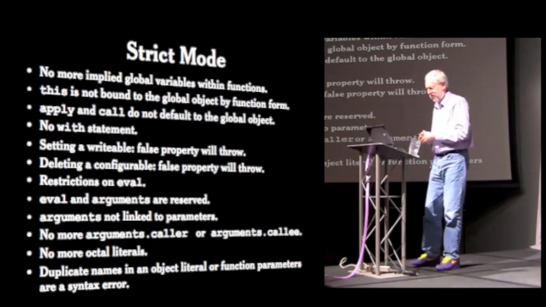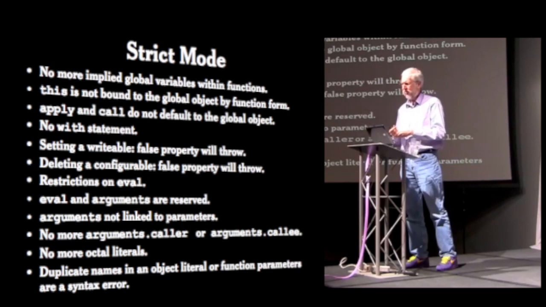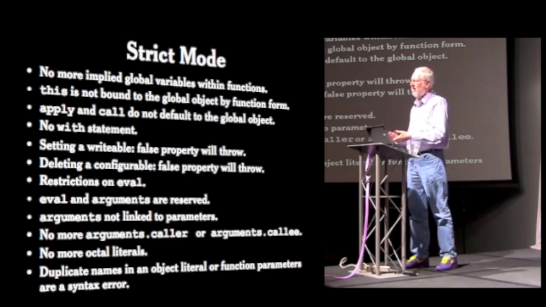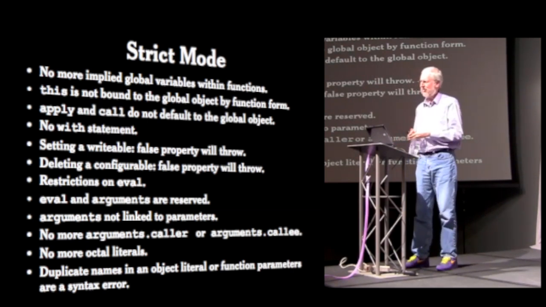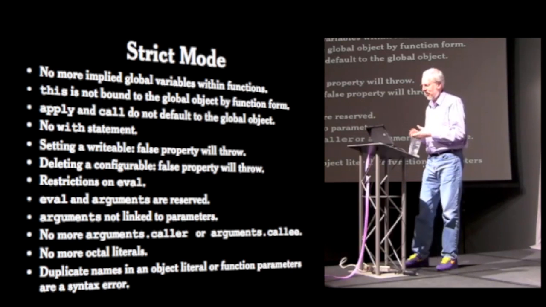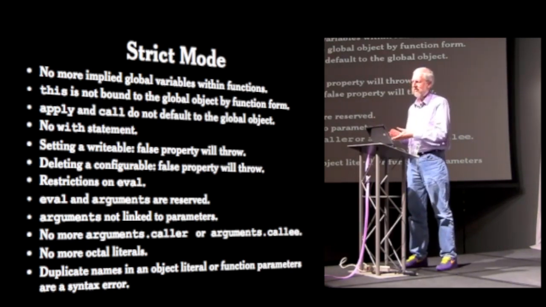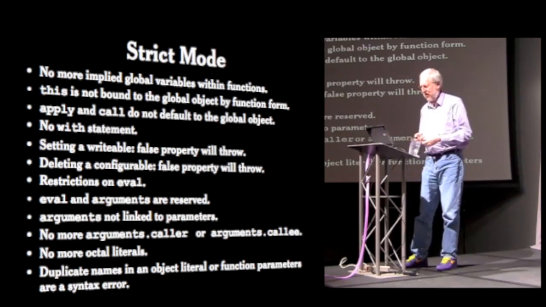So that was weird. No more octoliterals. We haven't needed octoliterals since Fortran, and somehow they keep finding their way into modern programming languages. We're trying to stamp them out. So in strict mode, octoliterals go away. And it's now a syntax error for an object literal or function parameters to be duplicated. This should have always been the case, and now it is.